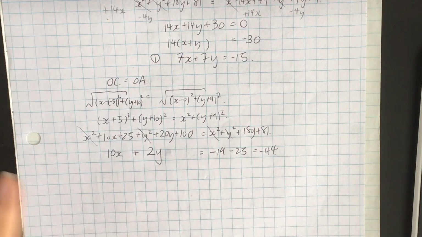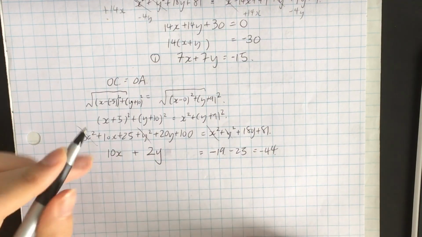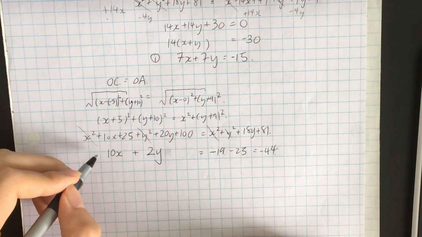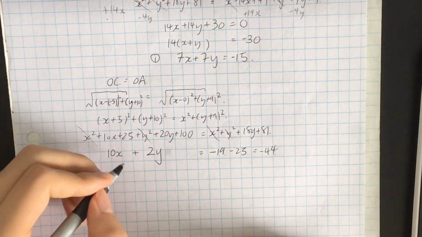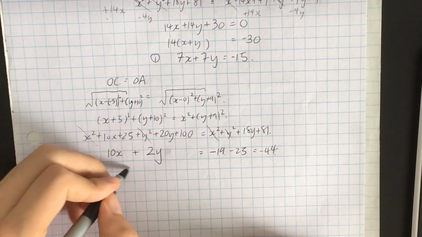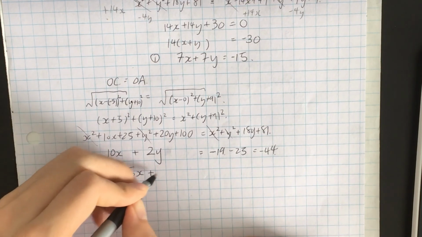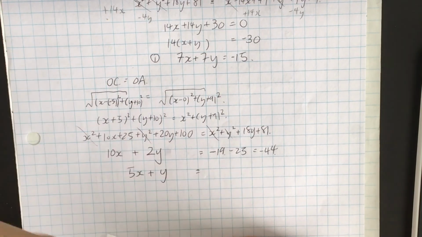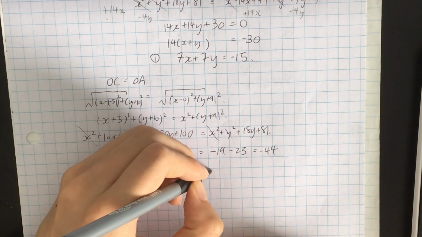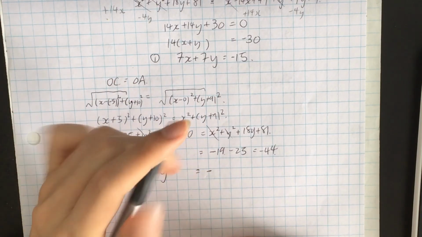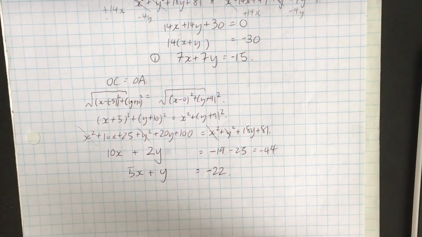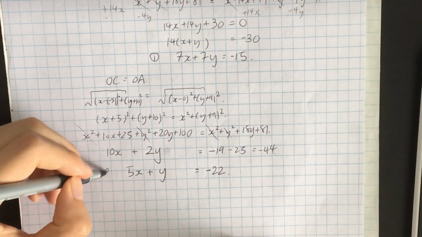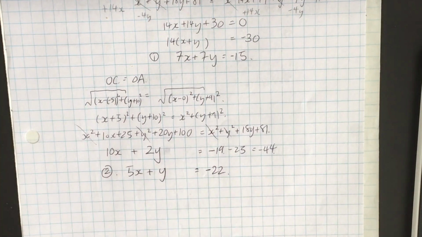Okay, now it looks like we can simplify it, right? So what we're going to do, we're going to divide it by 2. So dividing everything by 2, we get 5x plus y is equal to -22. And now we have everything we need to solve the question.